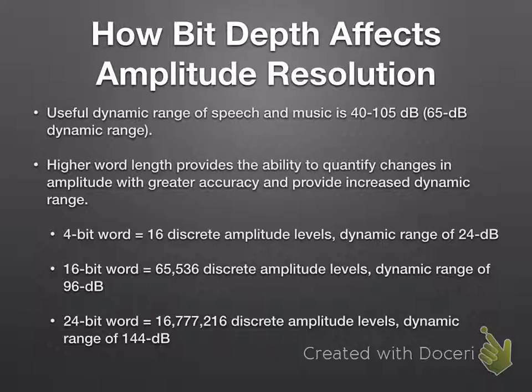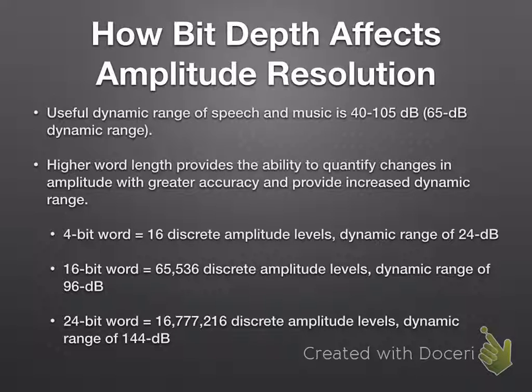So essentially, a 4-bit word, which would be pretty low quality in terms of digital recording, would only give you 16 amplitude levels, or 16 slots on the y-axis to describe amplitude. And that relatively poor recording would only give you a 24 dB recording.